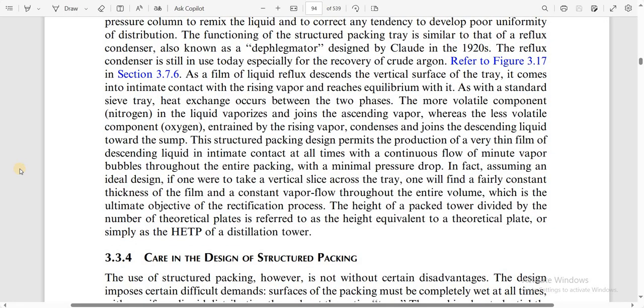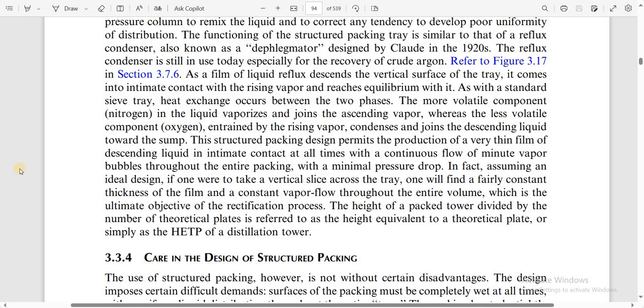As a film of liquid reflux descends the vertical surface of the tray, it comes into intimate contact with the rising vapor and reaches equilibrium with it. As with a standard sieve tray, heat exchange occurs between the two phases.